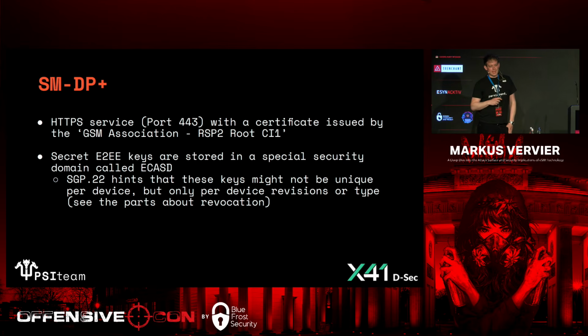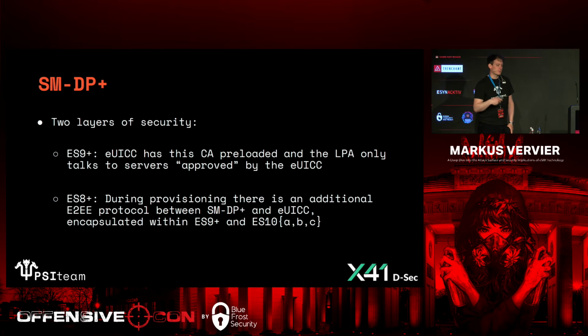So, yeah, maybe there's some possibility if you're good with hardware. I'm not, but yeah. So we have 2 layers of security. The EUICC has a CA preloaded, and it can use that to establish the end-to-end encrypted channel. And that's basically also providing services to the host.